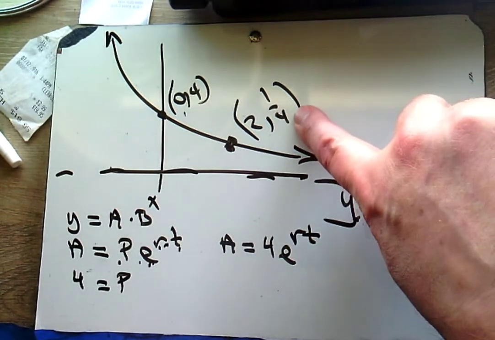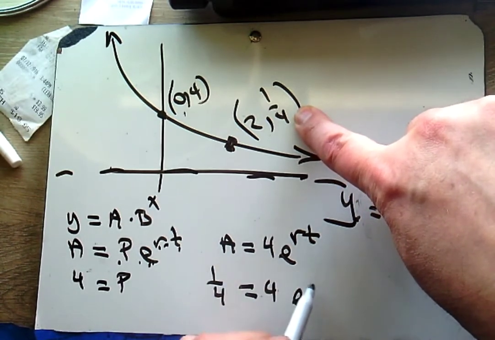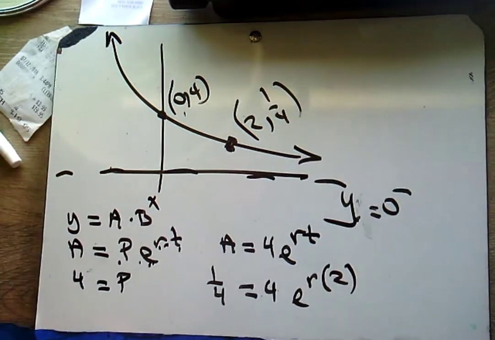And we'll plug in the second point. 1/4 equals 4 e to the r times 2. I need to solve this equation for r. I'm going to divide both sides by 4. And it's the funniest thing, because I've seen so many students write the number 1 here.